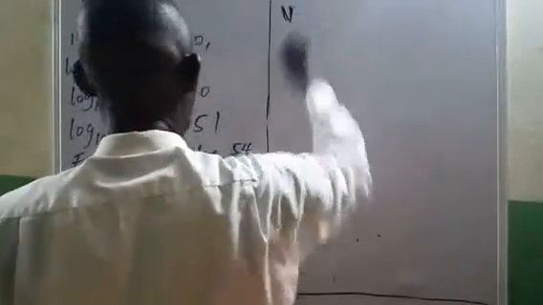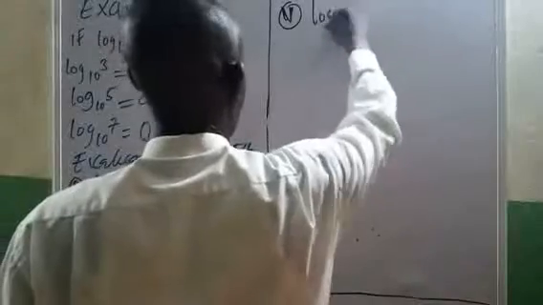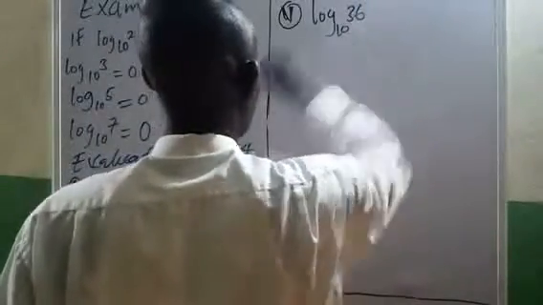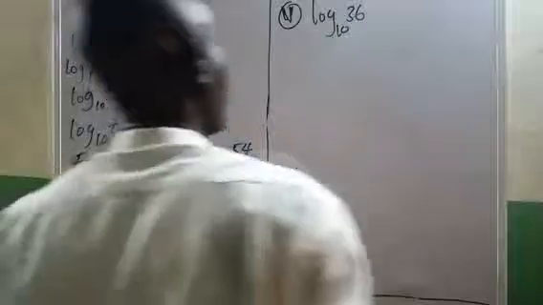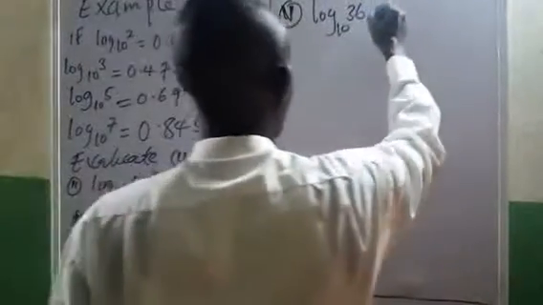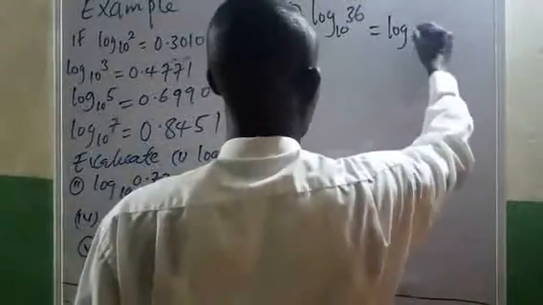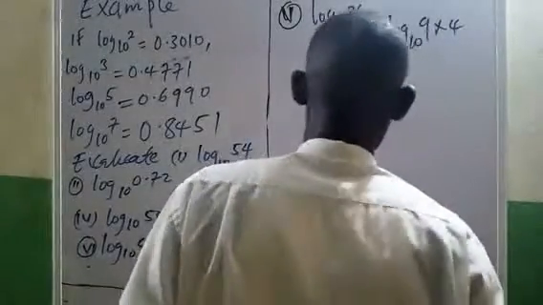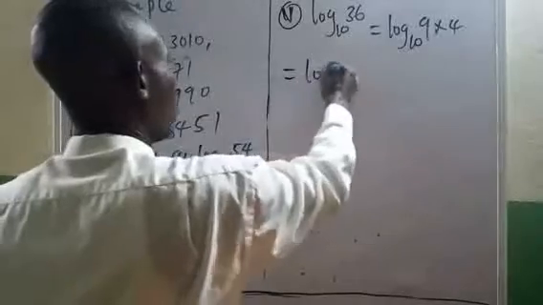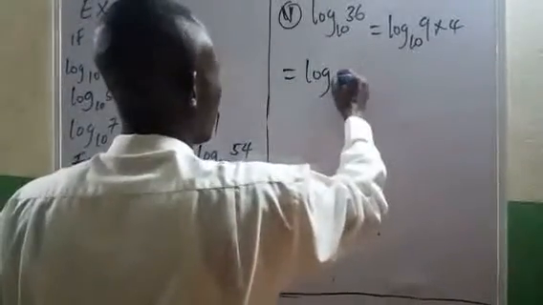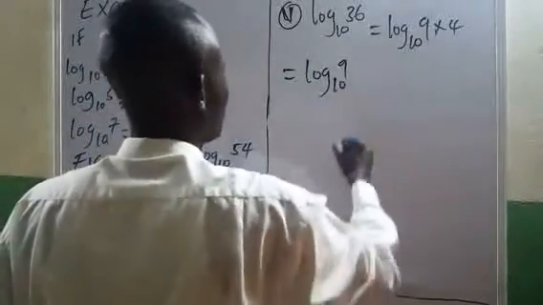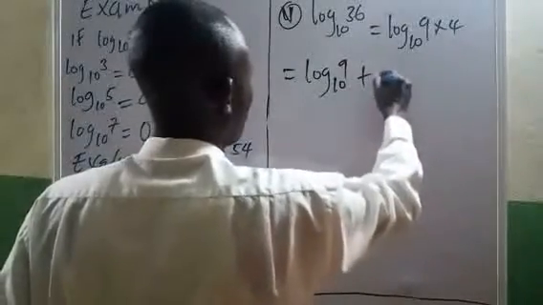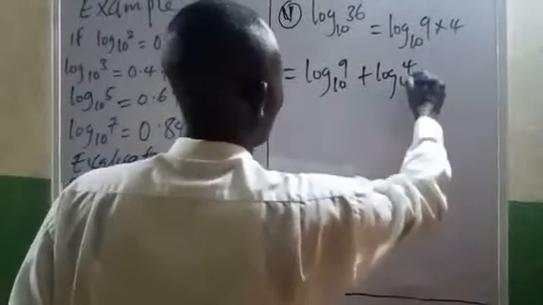Question 5. You have log 36 base 10. 36 is equal to log base 10 of 9 times 4, which is the same thing as log 9 base 10 plus log 4 base 10.